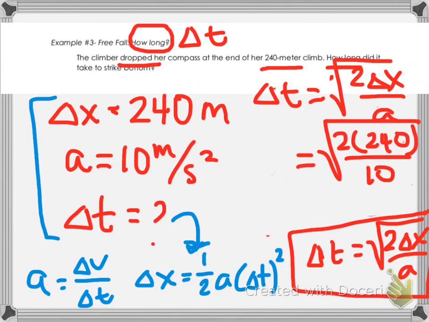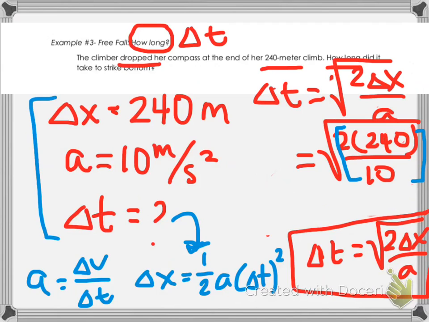Please make sure that when you put this into your calculator, you use parentheses carefully, or do the part underneath the square root first, because if you do just 2 times 240 in the square root and then divide by 10, it will give you the wrong answer.